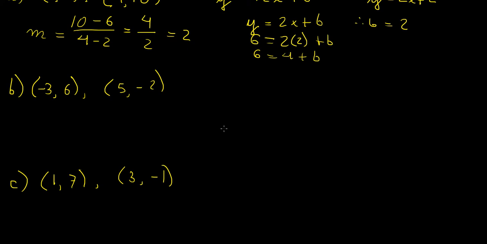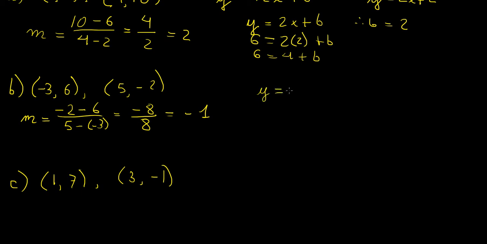And now we're going to do the same for these 2 other questions. So first of all, find the gradient. Let's have minus 2 minus 6 on the top, and then we have 5 minus minus 3. So we have minus 8 divided by 8, and that's going to be minus 1. So now we can write the equation y equals minus x plus b.